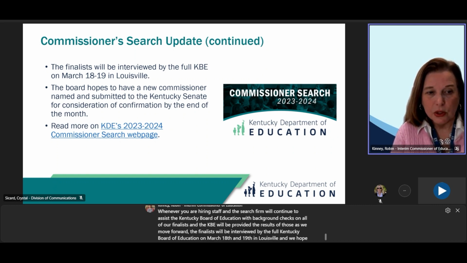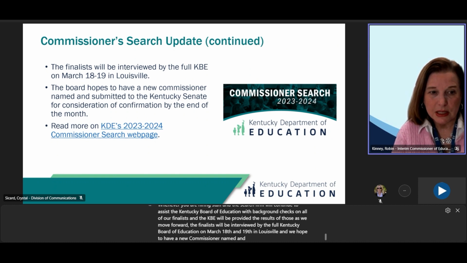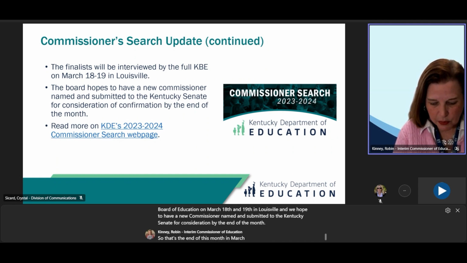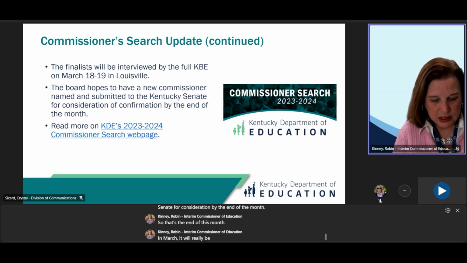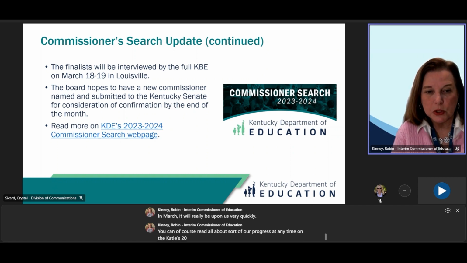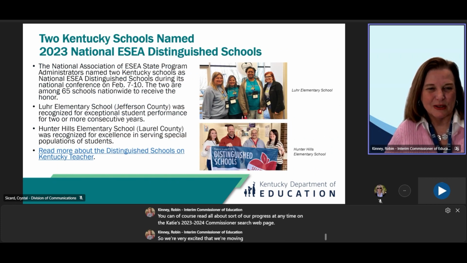And we hope to have a new commissioner named and submitted to the Kentucky Senate for consideration by the end of the month. So that's the end of this month in March. It will really be upon us very quickly. You can, of course, read all about our progress at any time on the KDE's 2023-2024 Commissioner Search webpage. So we're very excited that we're moving along with our search.